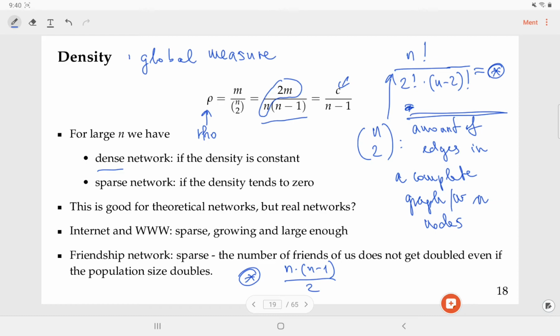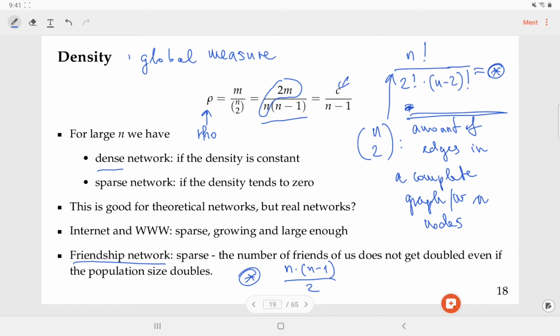Now, for example, the World Wide Web is supposed to be a sparse network. But for example, the friendship network, we can also call it sparse. But it's also an interesting thing to think about, that still the friendship network, even if the graph itself is growing.